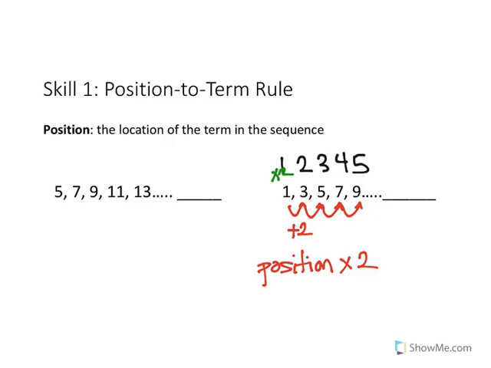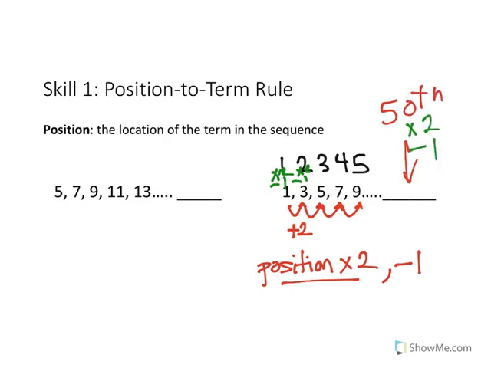I have to subtract 1. So let's see if it works on the second one. 2 times 2 is 4, minus 1 to get 3. Okay, so my position to term rule is multiply the position by 2 and subtract 1. So if I want to know the 50th term, all I have to do is multiply 50 by 2 and then subtract 1. So the 50th number is going to be 99.